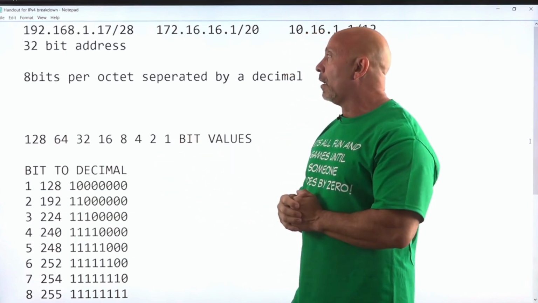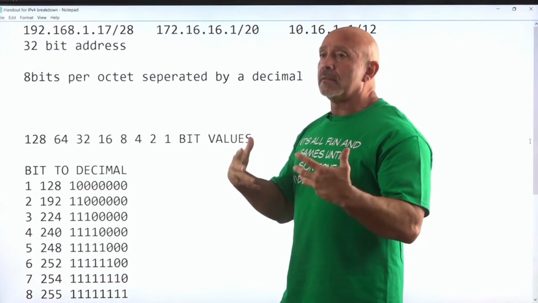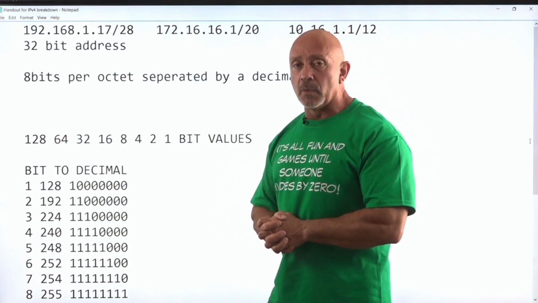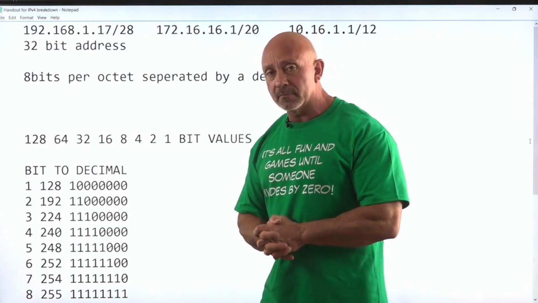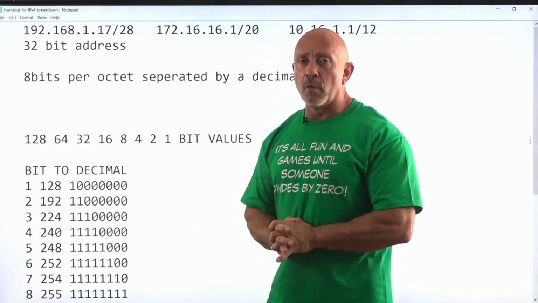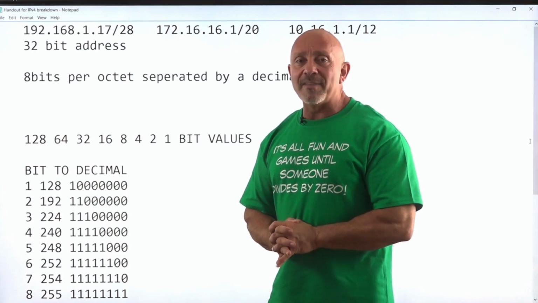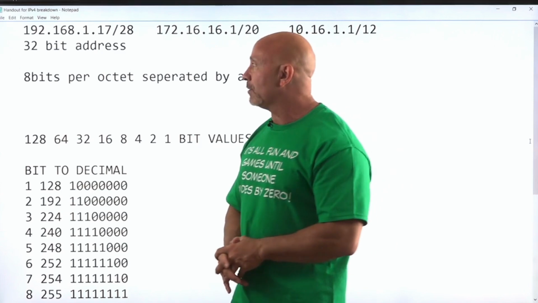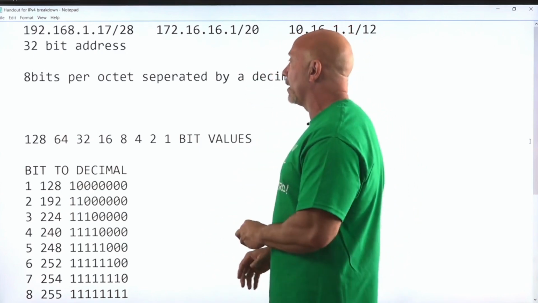Before, this was dotted decimal addressing. Now it's called dotted decimal numbering. All right. So major change there. So make sure you know that that's what they call it now, dotted decimal numbering. Okay. Especially when it comes to the subnet mask, because that's what they're talking about.